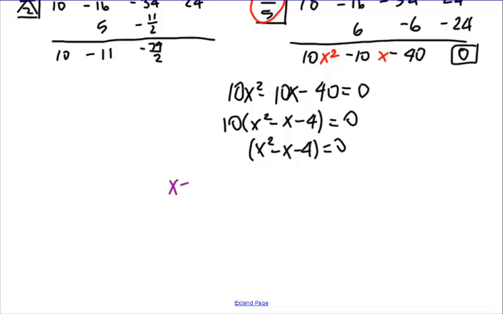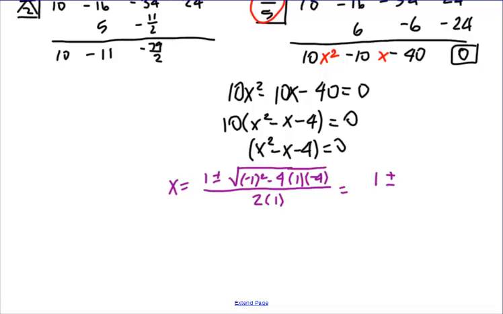x equals the opposite of b plus or minus the square root of b squared minus 4 times a times c, all over 2a.